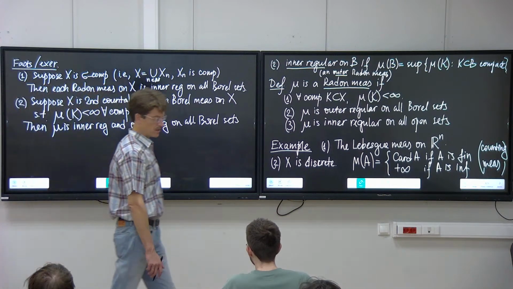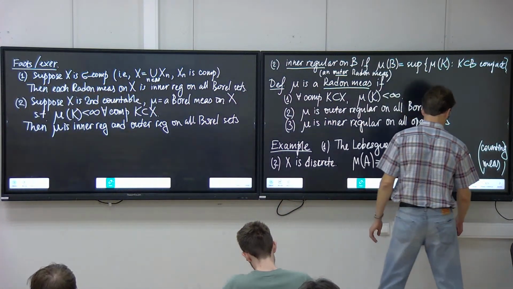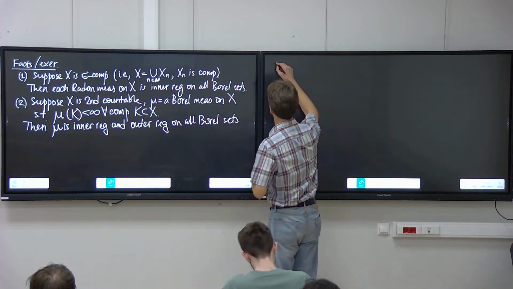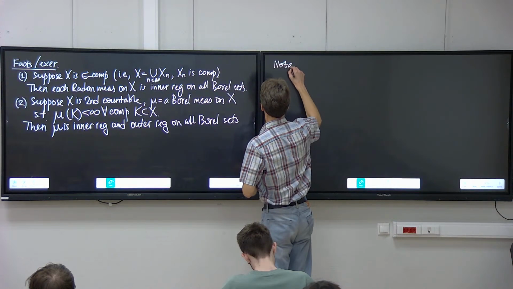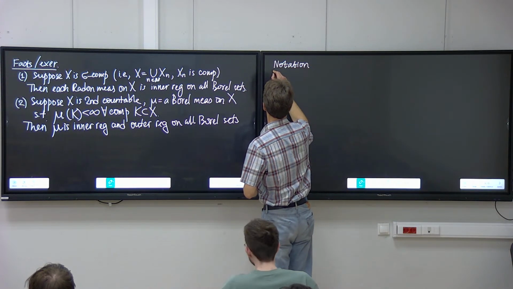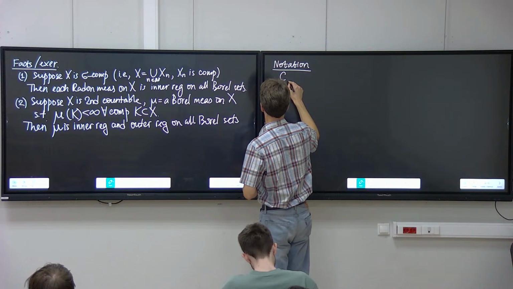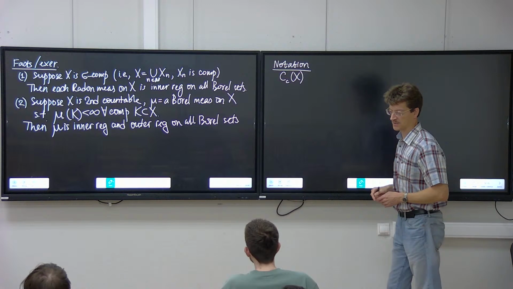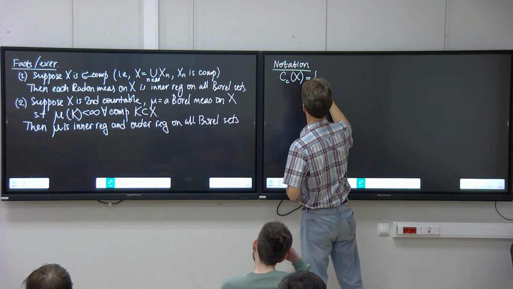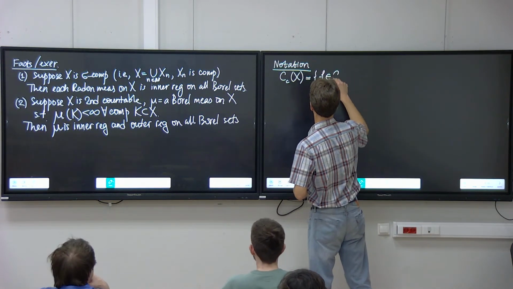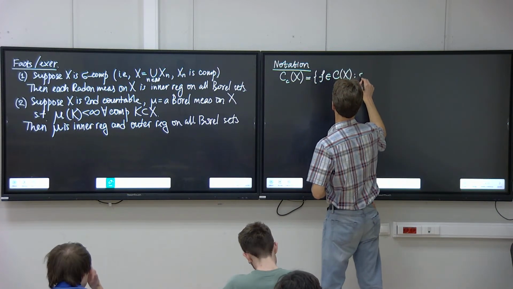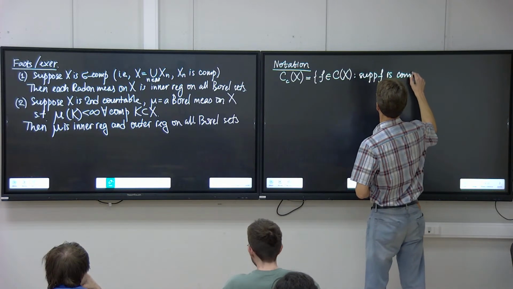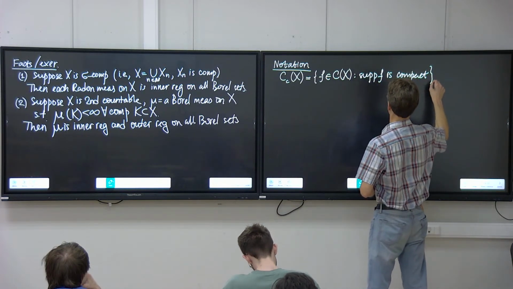Okay, let's now recall a very important result about integration on locally compact spaces. First of all, we need the following notation. Let's denote by C sub C of X the space of all continuous compactly supported functions on X. Clearly, this is a vector space.